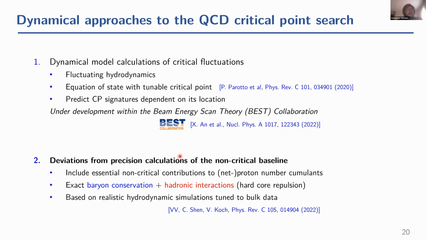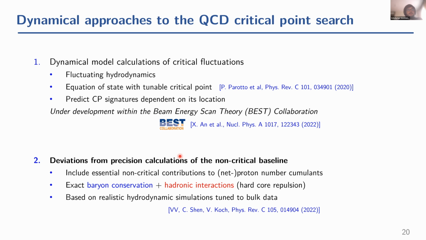That means using hydrodynamics, the standard model of heavy ion collisions, but for fluctuations one has to extend hydrodynamics to describe the evolution of fluctuations on top of the mean values. Then one has to use an equation of state, which is an input in hydro, so there is no way around it. It's always an external input.